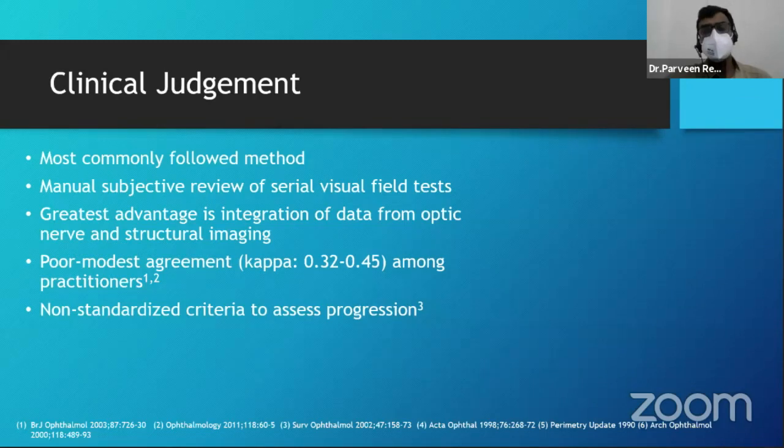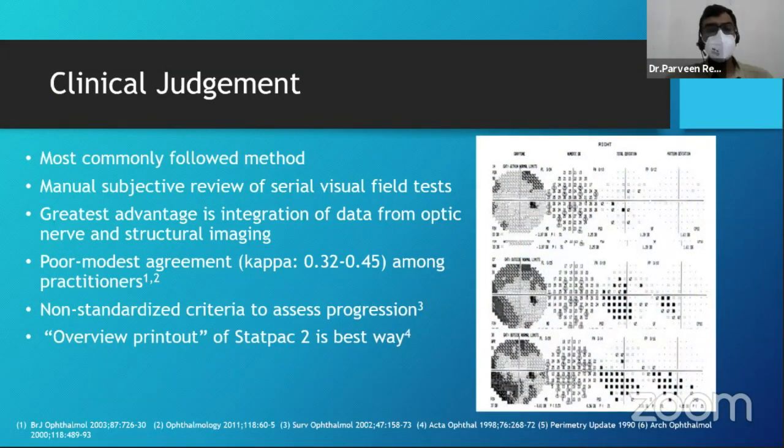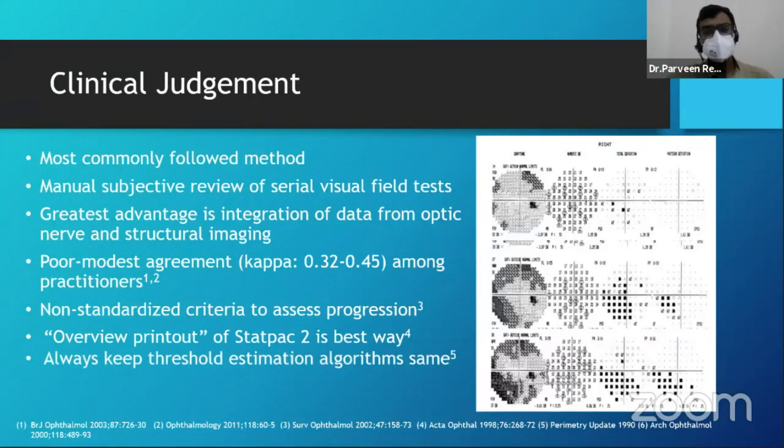But when it was statistically studied, they found poor to modest agreement between practitioners. The same fields were provided to different practitioners to detect whether progression is happening or not. Secondly, we don't have any standardized criteria to assess progression on a subjective basis. Still, what we have available is the overview printout with the Statpac in the Humphrey, which can be used to give a good visible guide that some changes are coming into these visual fields.